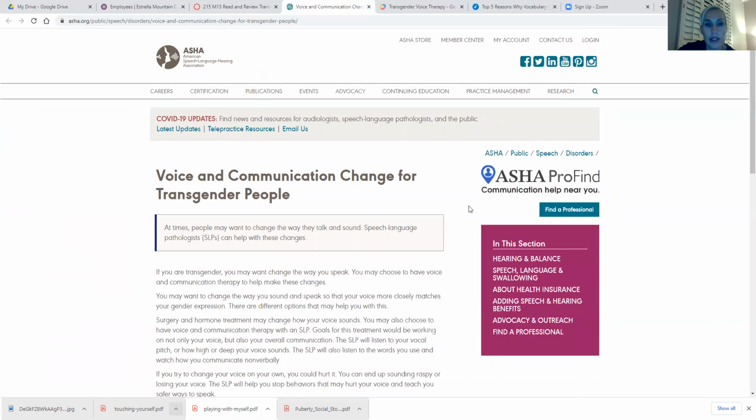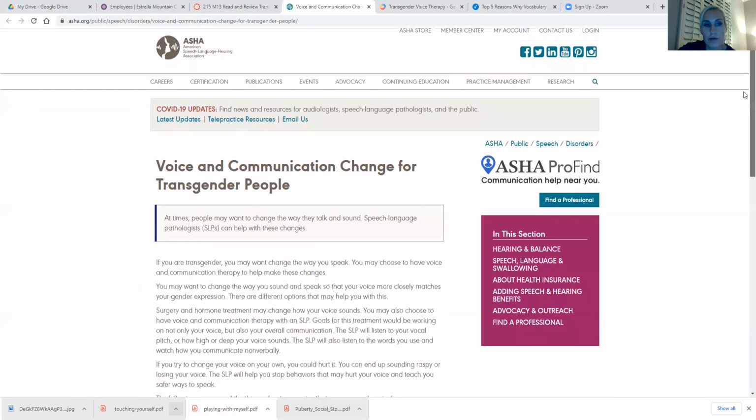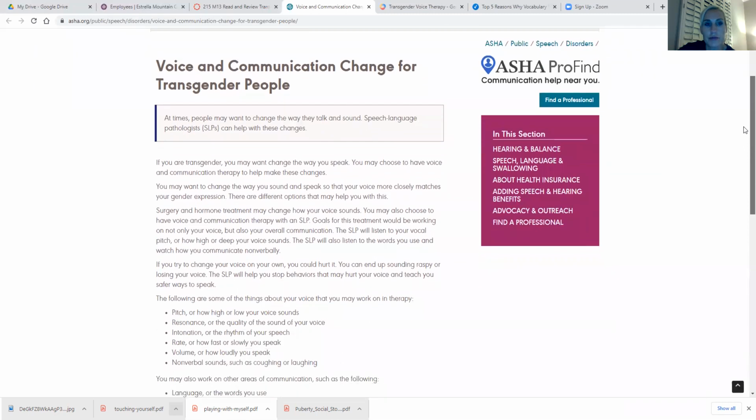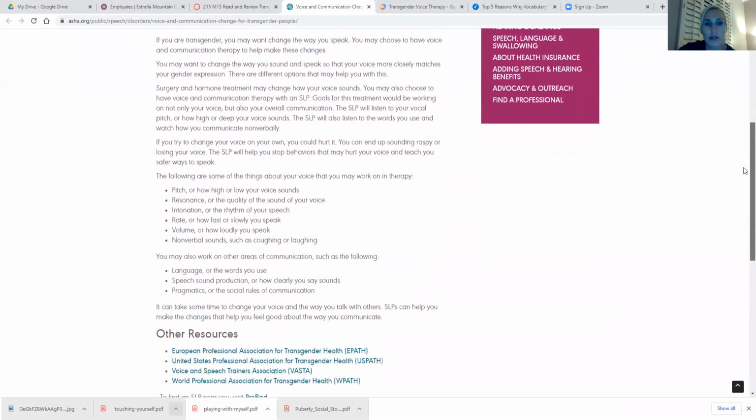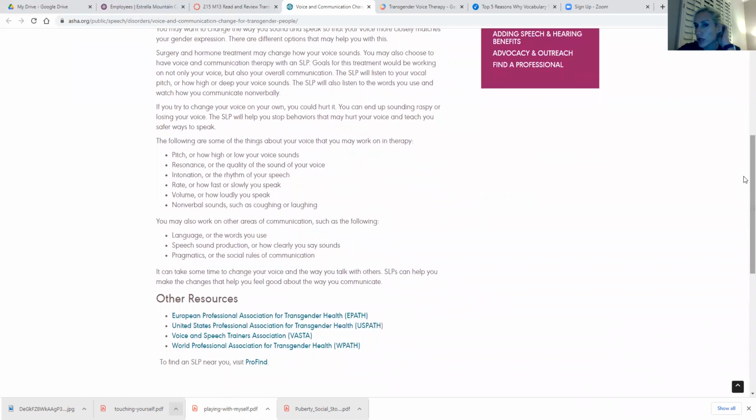So this is from ASHA. Some of the things that you work on in voice would be the same as in voice therapy, obviously with some different purposes: pitch, resonance, intonation, rate, volume, and also the nonverbal part.